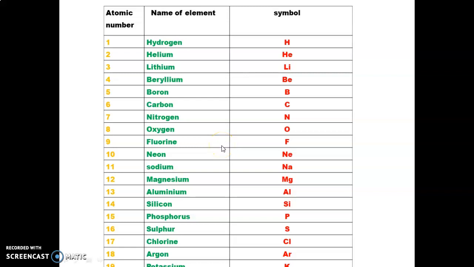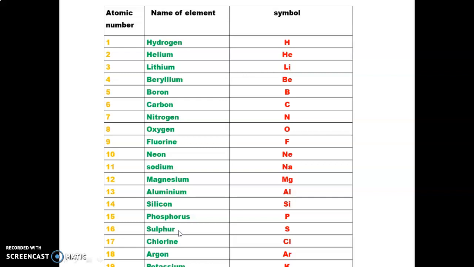We are going to study the first 20 elements of the periodic table, from hydrogen to calcium. Atomic numbers 19 and 20 are just below the screen.